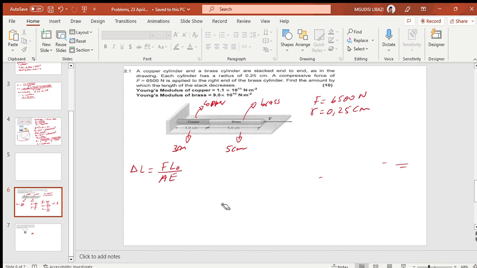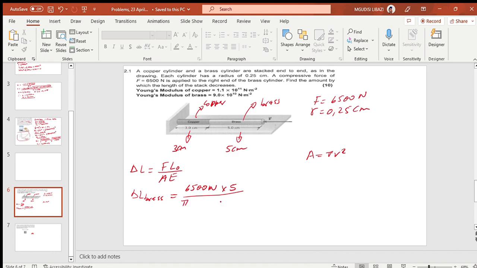So from there, we do know the radius, we do know the force that was applied. So we can say the change in length of the brass will be equal to the force, and they are experiencing the same force, which is 6,500 newtons, multiplied by the initial length of the brass, 5 centimeters, divided by A, and the area is pi r squared.